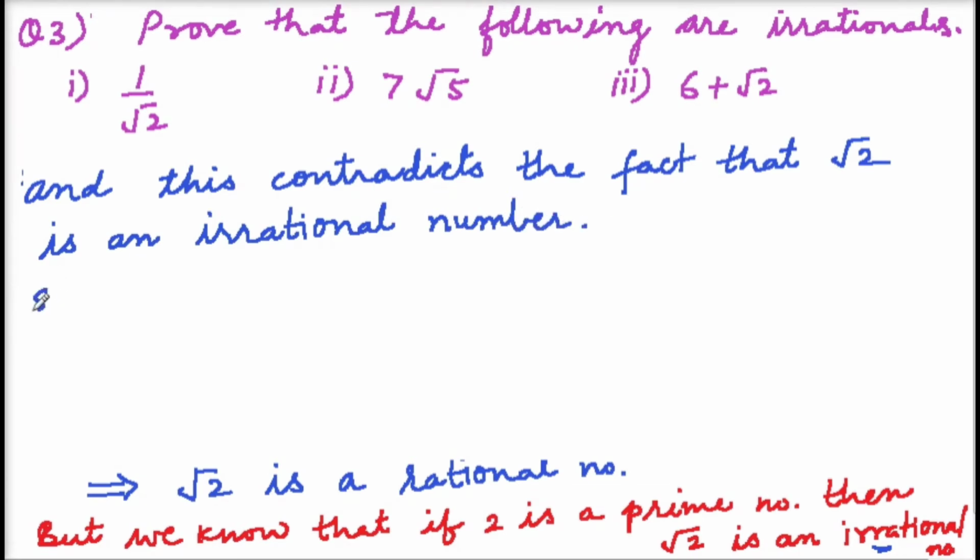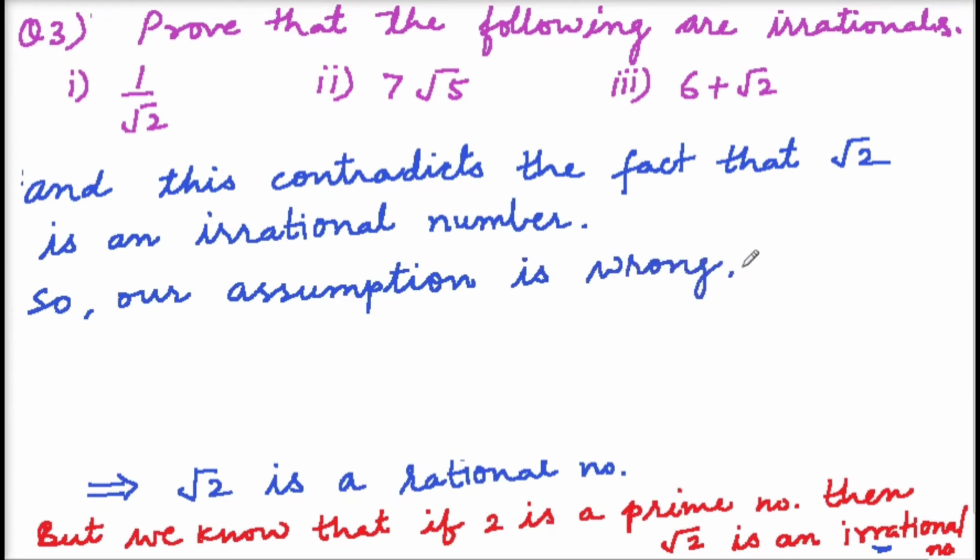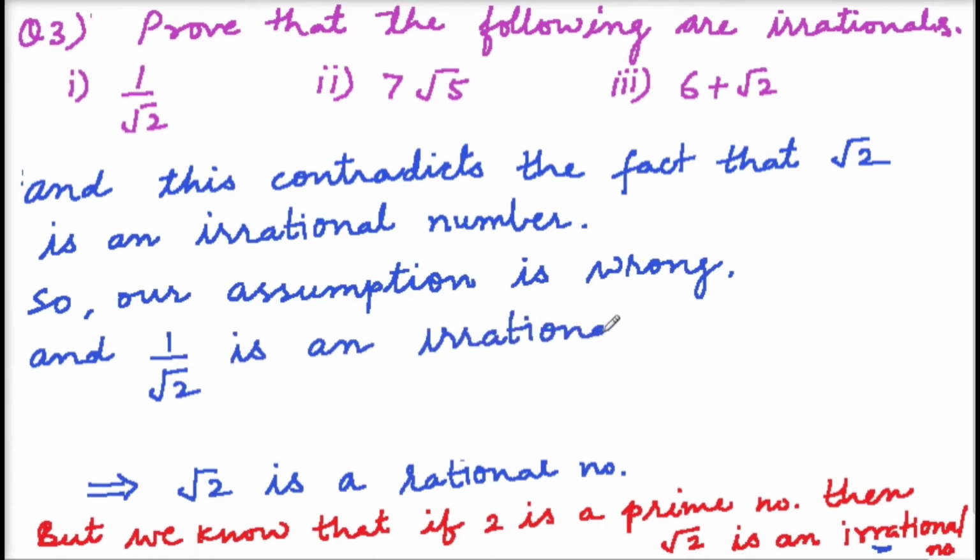So what we had assumed, it is wrong. So we write, so our assumption is wrong. 1 by root 2 is an irrational number.